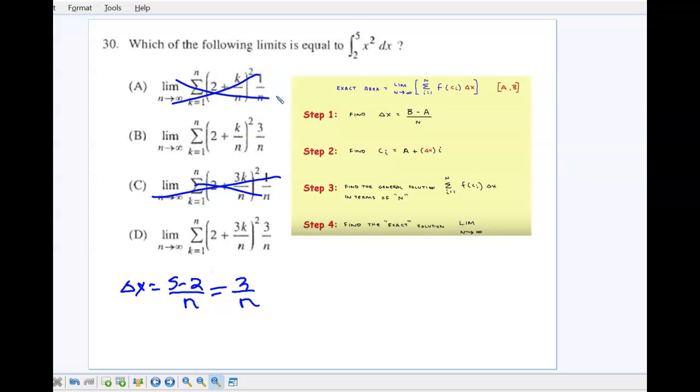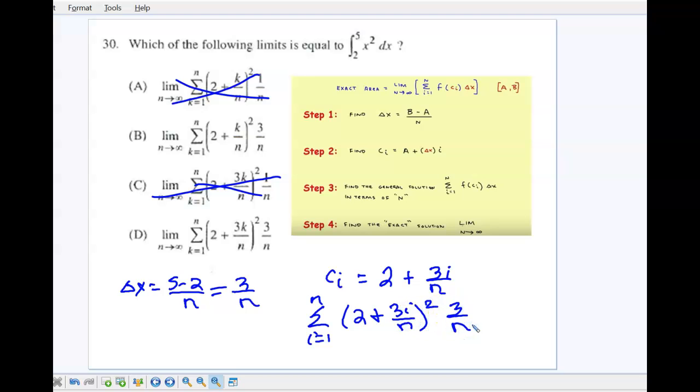Okay. And now I want to find c subscript i, and c subscript i is going to be a, which is 2, plus 3i over n. And if I plug that into my function, my general formula is going to be the summation from i equaling 1 to n of 2 plus 3i over n squared times 3 over n, and then I would do the limit as n approaches infinity.